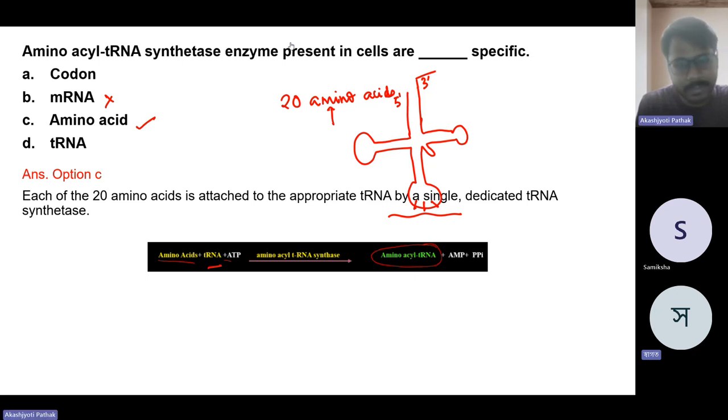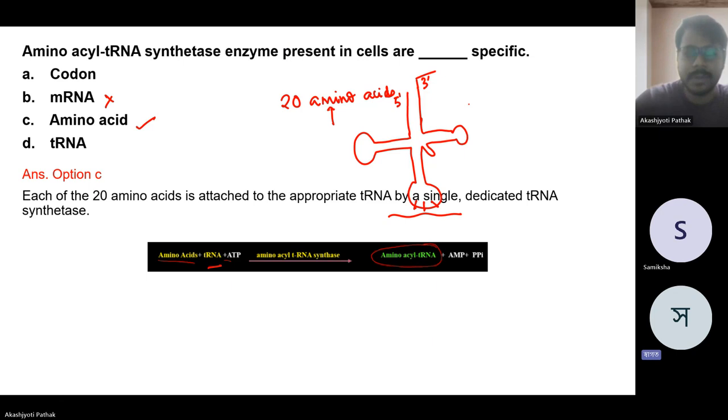So you are saying that both the two amino acid tRNA synthetase enzymes are different, not the same. Yeah, they are different. They are different for different tRNA molecules.